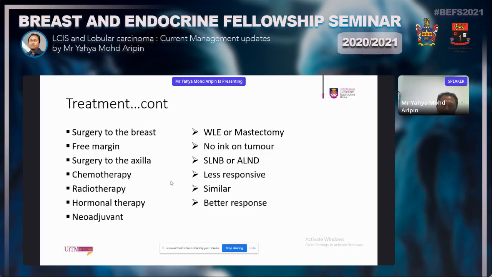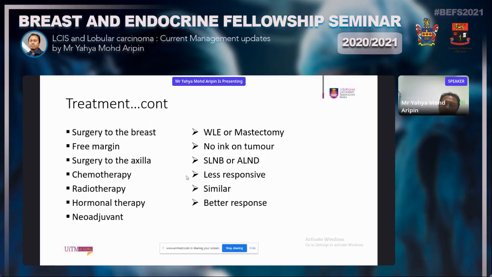Radiotherapy, yes, after wide local excision you have to give radiotherapy. Hormonal therapy has a better response compared to chemotherapy because the majority of ILC are hormone positive.